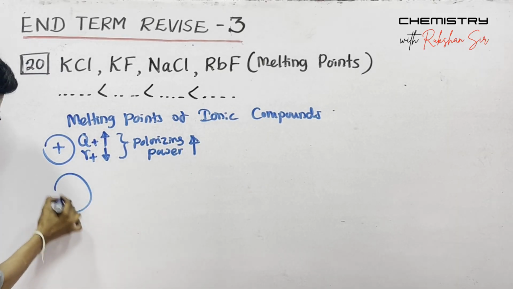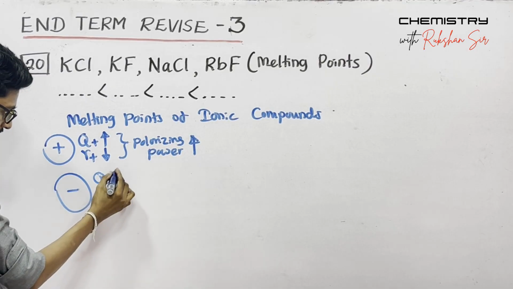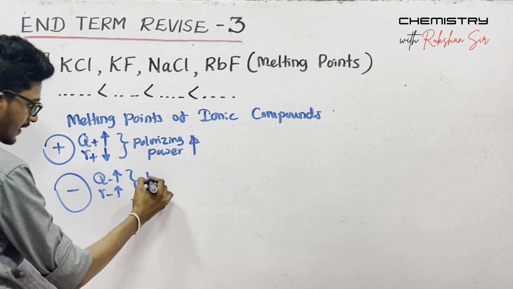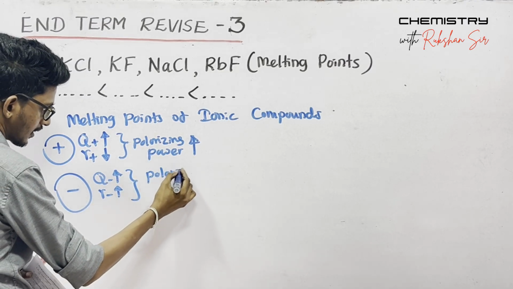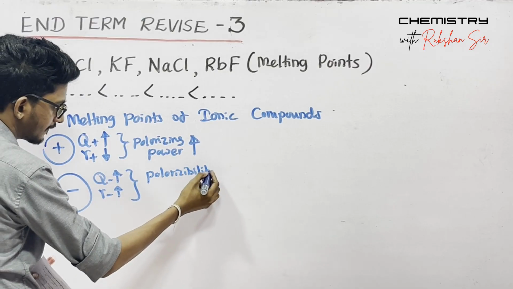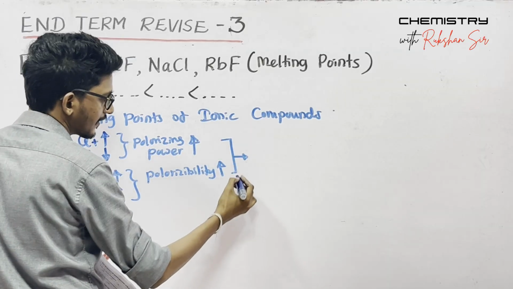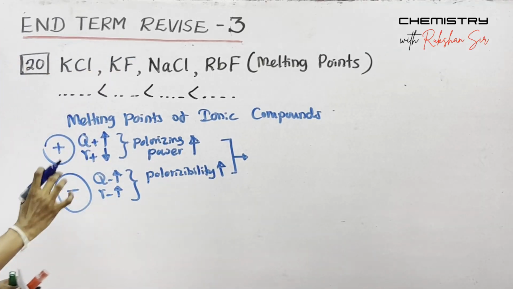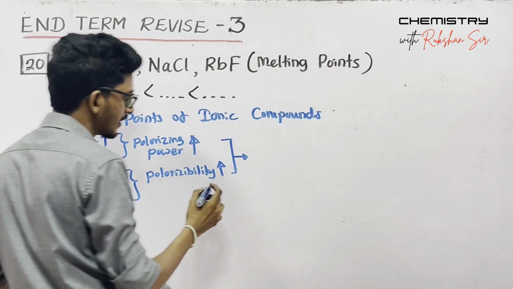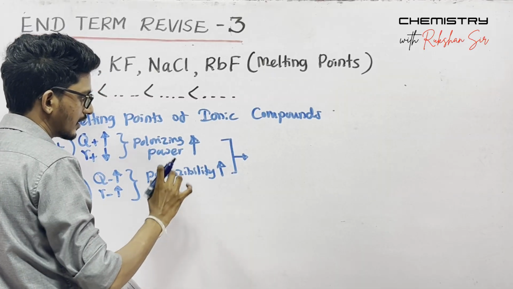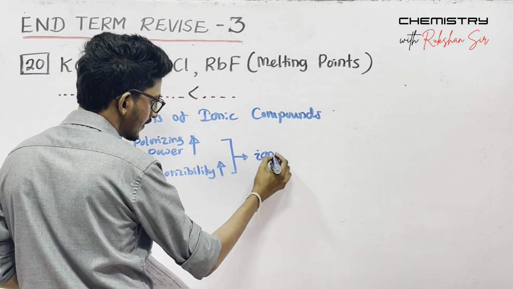When it comes to the anion, when Q minus is high and R minus is high, its polarizability is high. When these two things happen, polarization of the ionic bond increases and covalent character increases, so that the ionic character decreases.